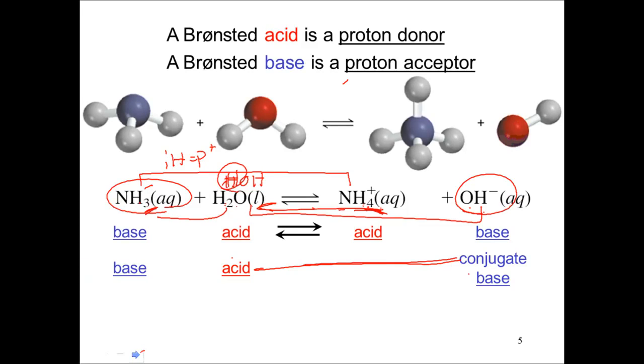And since we bracketed the ammonia with the ammonium, the base on the left is paired with this conjugate acid over on the right. Please note, you only use the word conjugate on the product side. Acid and base are on the reactant side, but conjugate acid and conjugate base are on the product side.